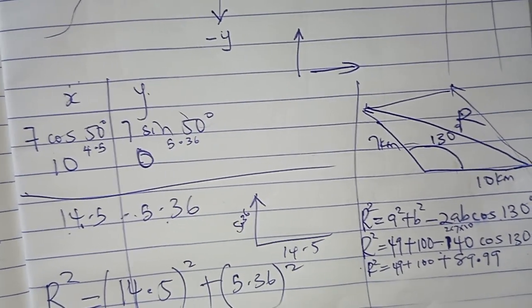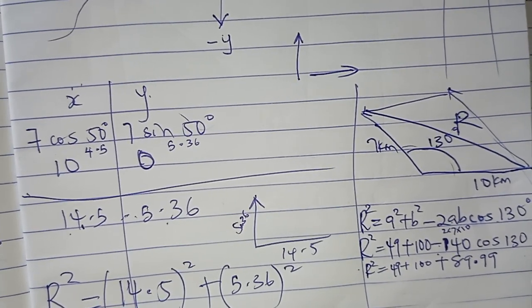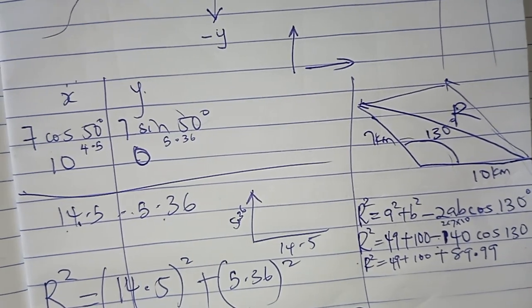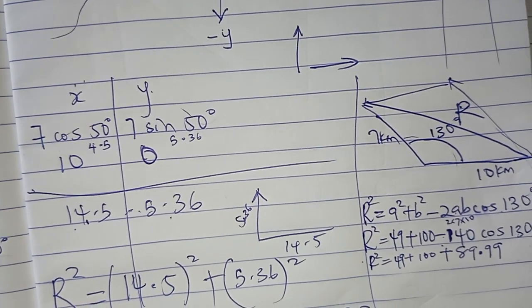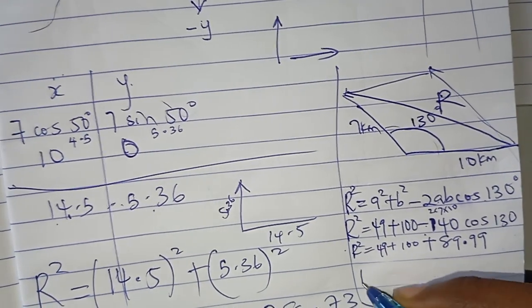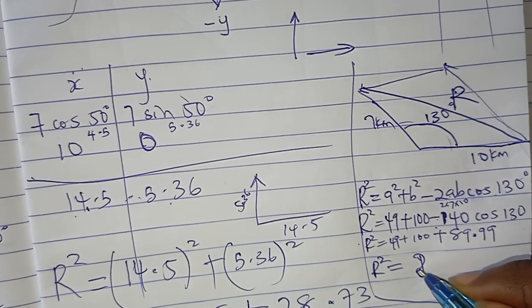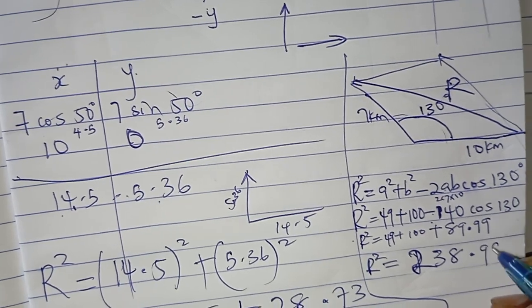We now have 49 plus 100 plus 89.99. So we get R square is equal to 238.99.